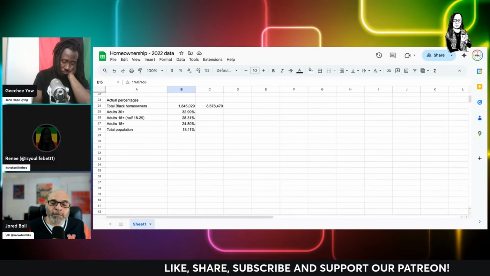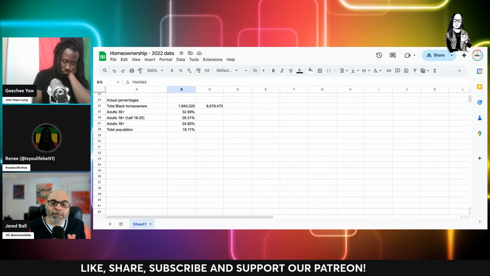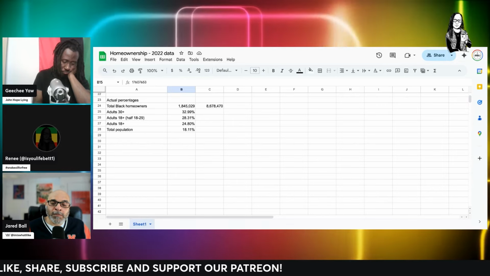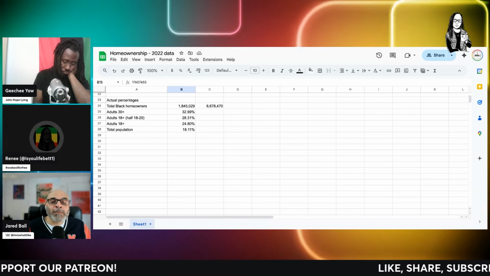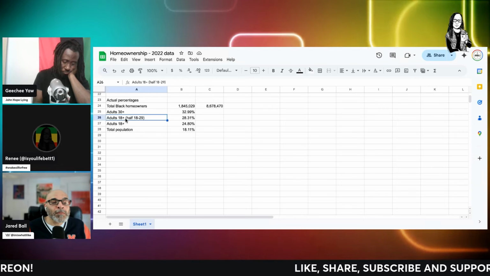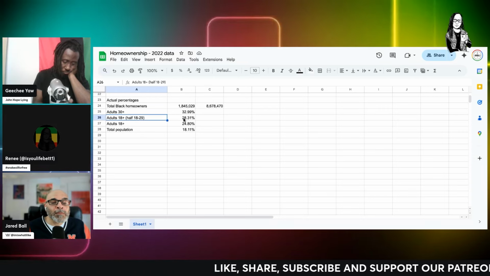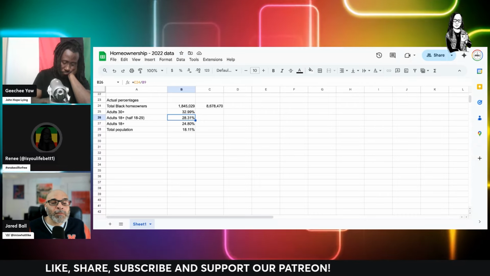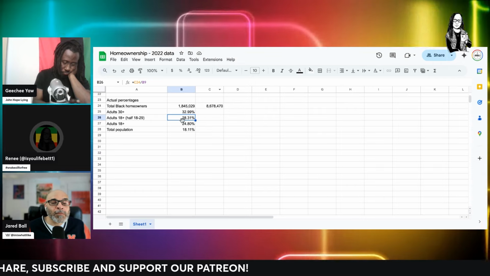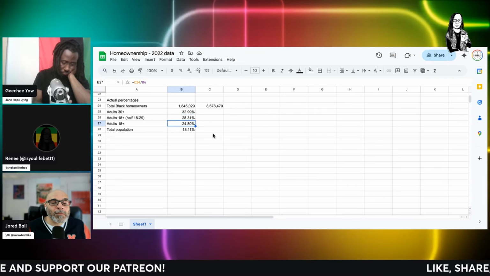And that's generous because not every Black person who's over 30 owns a home, okay? If you go to that second group that I calculated, which is half of that 18 to 29 group, it's 28%. If you go to all the adults who are Black in the country, it drops down to less than 25%.